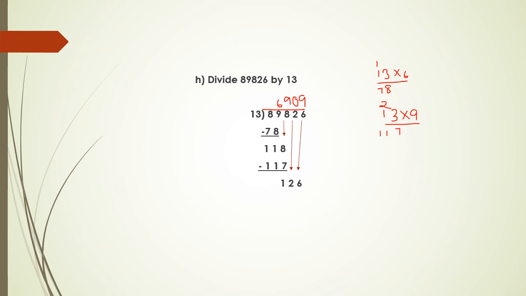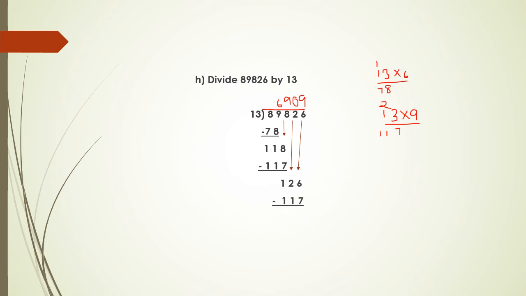So 126, how many 13s are there? So we know 13 times 9 is 117. So you will get 9 times 13 is 117.